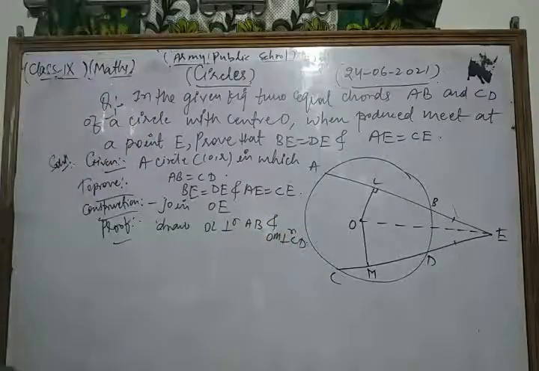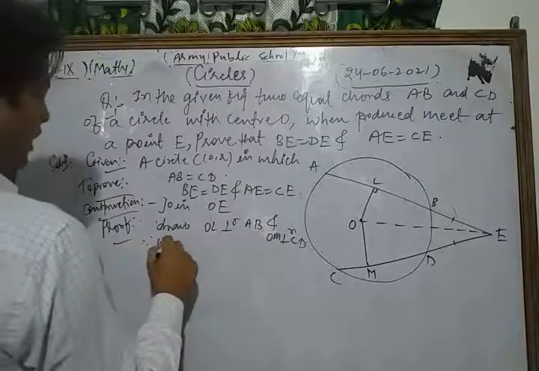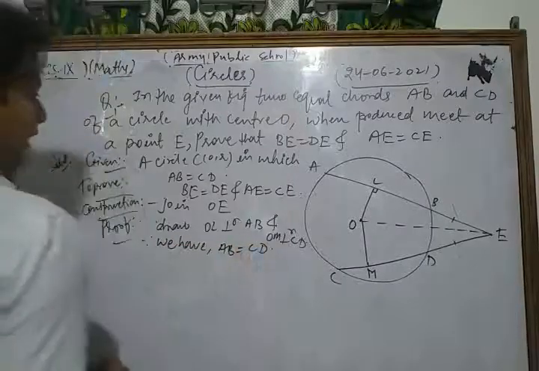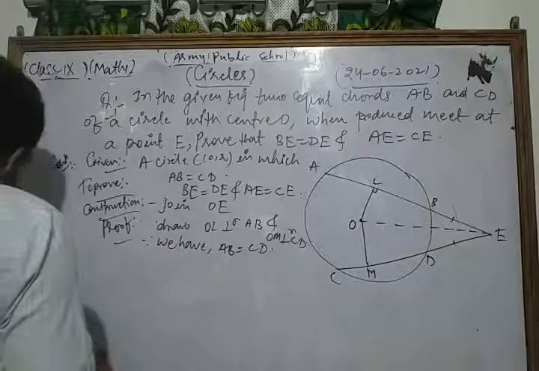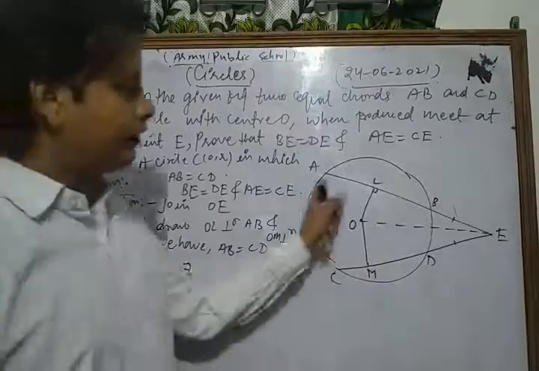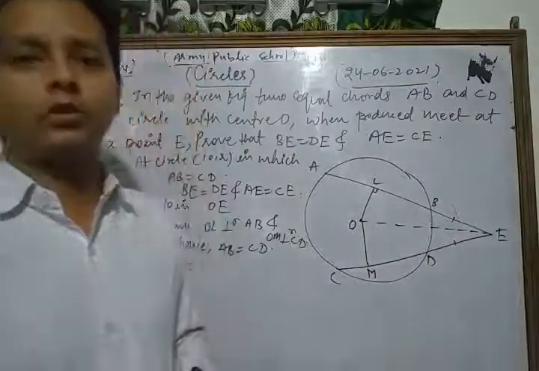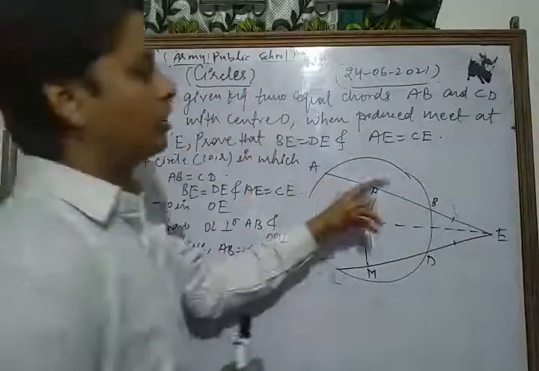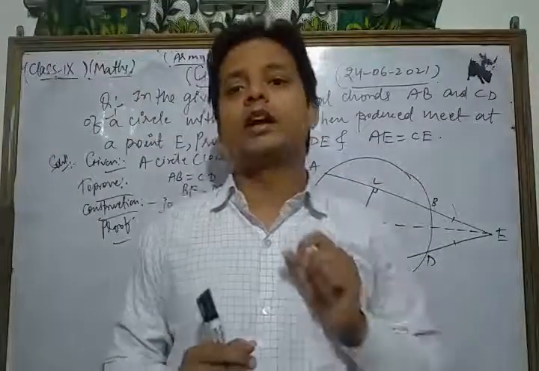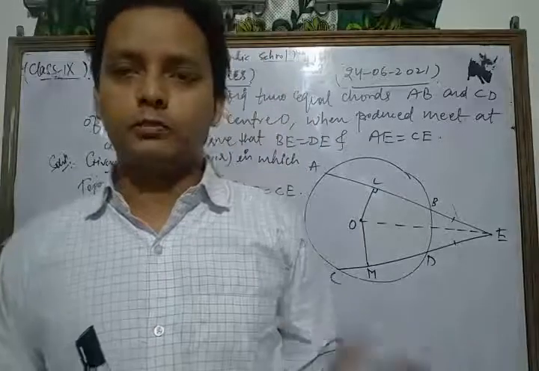Now, since we have AB is equal to CD, you know that in the previous class we already discussed the theorem that equal chords of a circle are equidistant from the center. That theorem was already proved in the previous class.